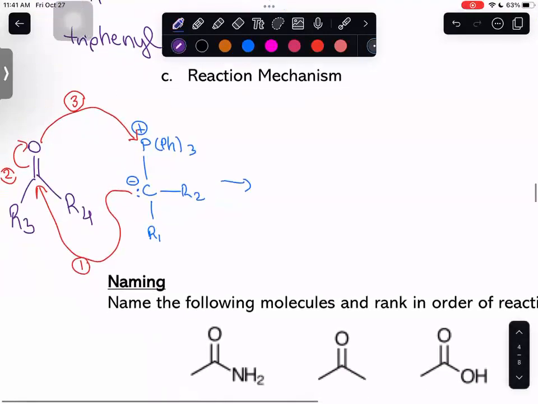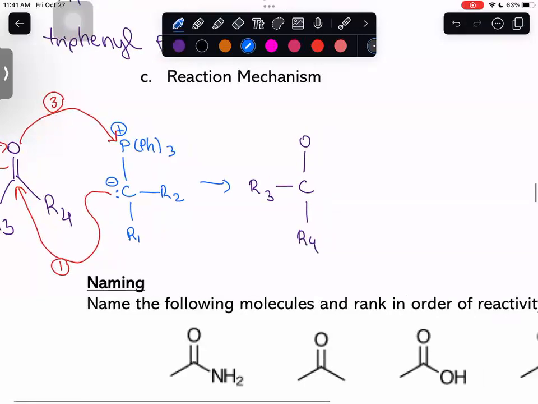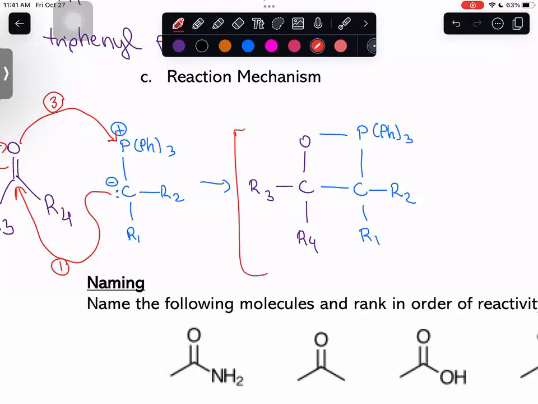So now we have our little intermediate. It's gonna look a little funny. I know it's a lot. So this is your intermediate and it looks basically like a square. That's usually the one that he likes to test on if he does give you any questions on the mechanism at all.